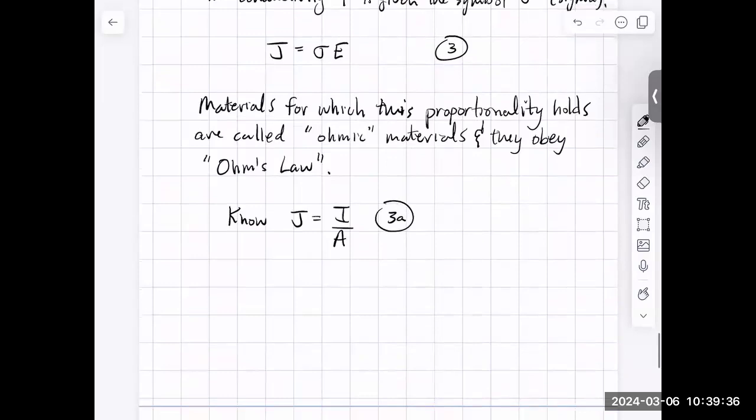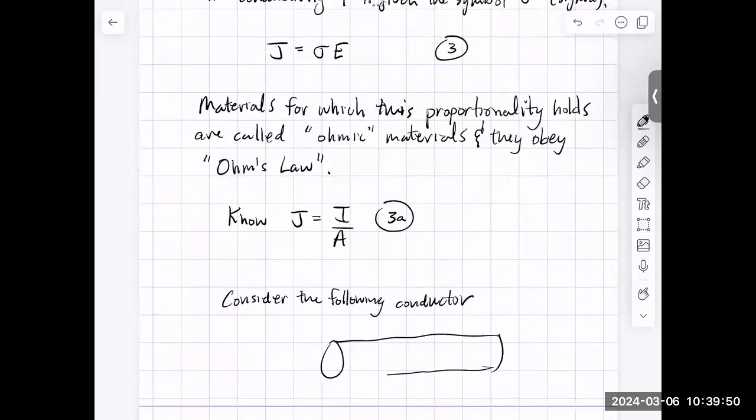So in order to do that, let's consider the following conductor connected to a battery. So we'll have a wire, we'll say it has a length L, and I'll connect it to a battery here, positive terminal, negative terminal.